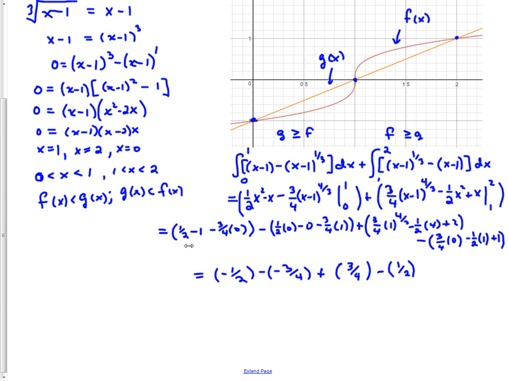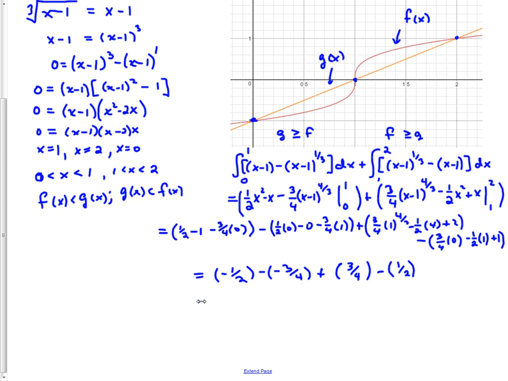Of course, we see that if we take 1/2 minus 1, minus 0, we're going to get negative 1/2, minus 1/2 times 0, all 0, minus 3/4. So negative 1/2 minus 3/4 plus 3/4, which is 3/4 times 1, minus 1/2 of 4 plus 2, which is just 0, minus 3/4 of 0 minus 1/2 plus 1, well, that's just positive 1/2.